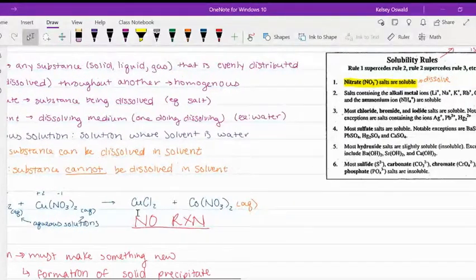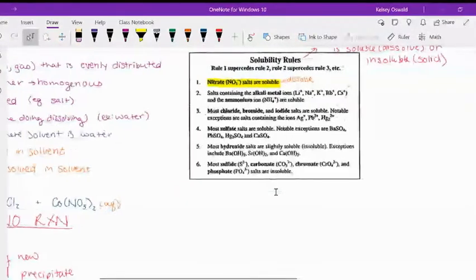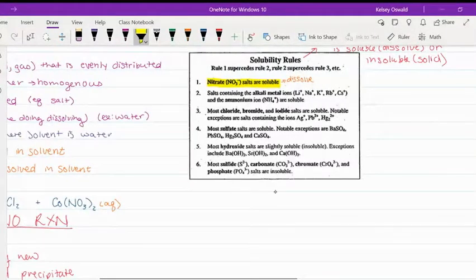So then we need to look at our other product, that copper chloride. If we look at rule number 3, it says that most chlorides, bromides, and iodides are soluble, except silver, lead, and mercury. So if it tells us that most chlorides are soluble, that means most compounds with chlorine in them are going to stay dissolved, except if we have silver, lead, or mercury.